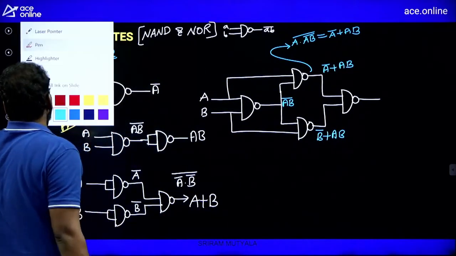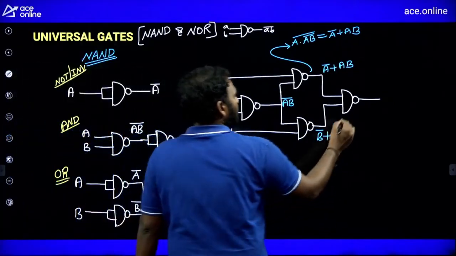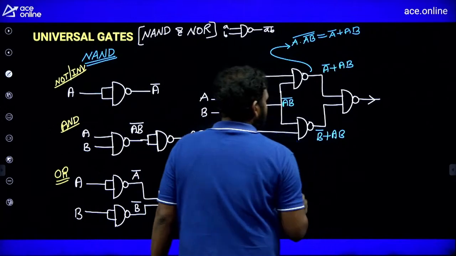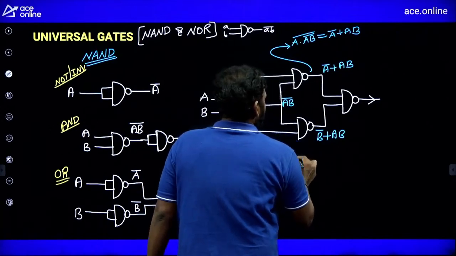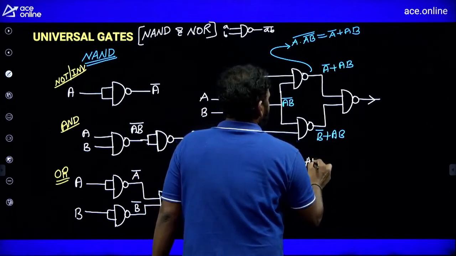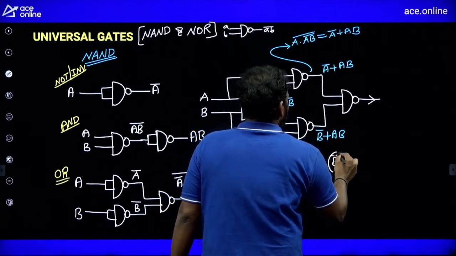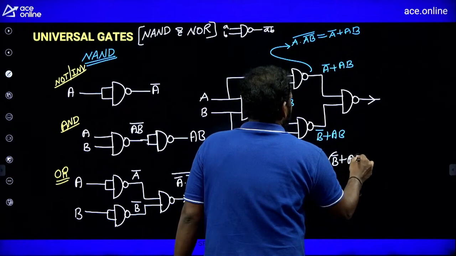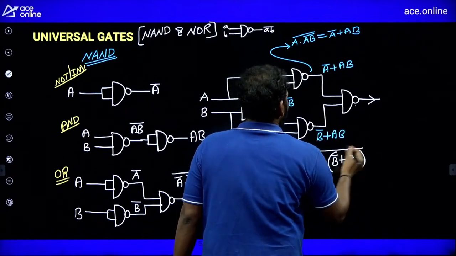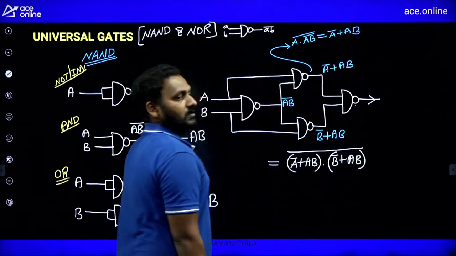After simplification, here if you simplify it, A bar plus AB dot B bar plus AB. Don't forget this bubble, whole bar, right?